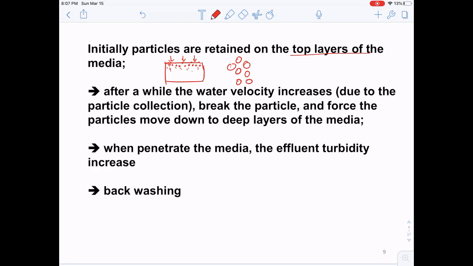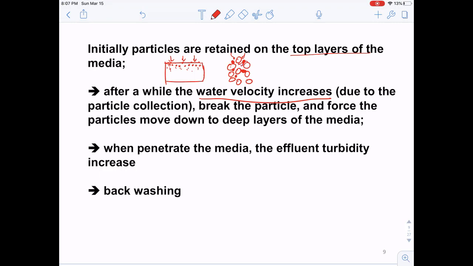Let's say these are the sand particles in the basin, okay? As the particles get collected onto the sand filter, the water can only go through these smaller gaps in the filter here. This smaller gap will create a larger velocity. Okay, the water velocity will increase.